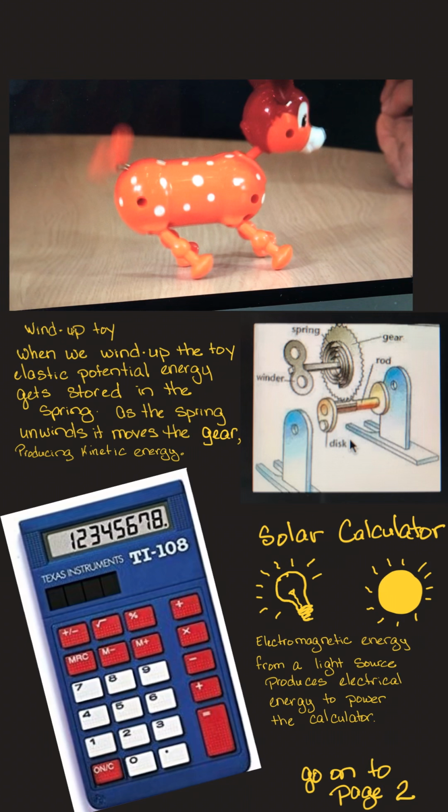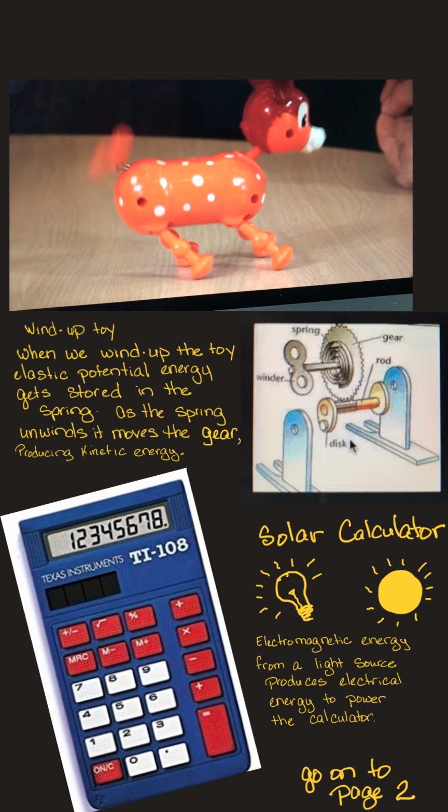Alright, so as you can see, the wind-up toys move and are given some energy, some kinetic energy. When we wind up the toy, the elastic potential energy gets stored in the spring. So right here is the spring. And as you wind, you tighten up that spring, storing up a bunch of elastic potential energy.